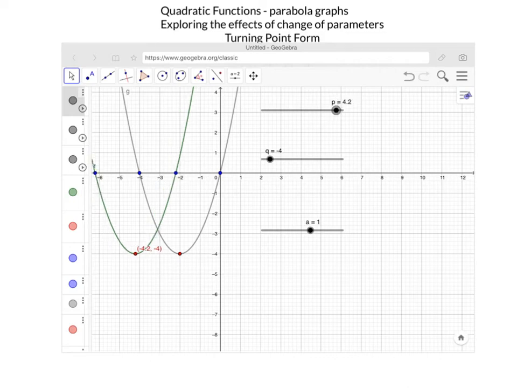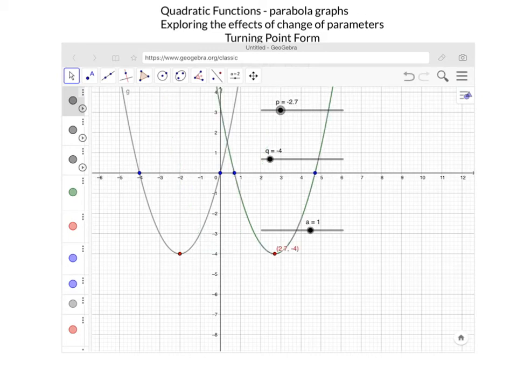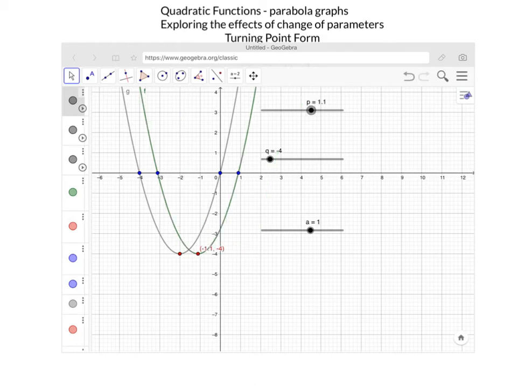This is against our intuition, but that is what is happening. So when p is positive, the x-coordinate of the turning point will be negative. That is what you must understand here. There is no change in the y-coordinate as I move only p.